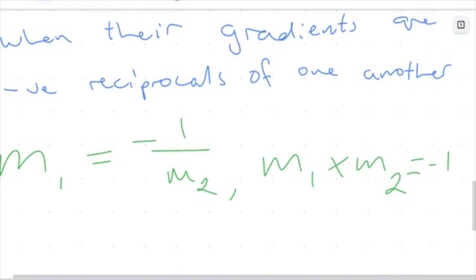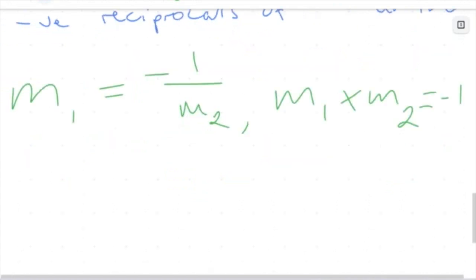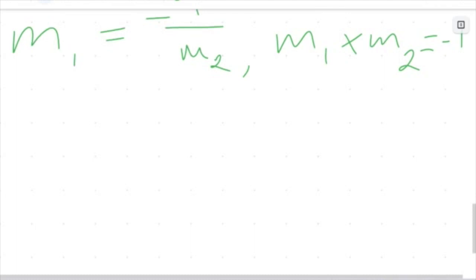So if you want just to practice, because perpendicular lines get a lot of people. Parallel is a bit easier because they're just equal. They're always going to be equal.